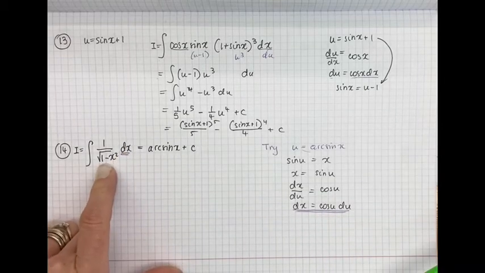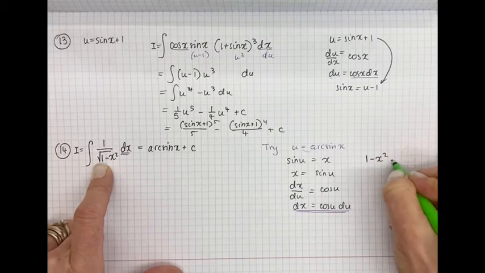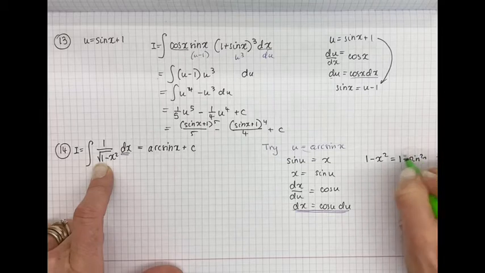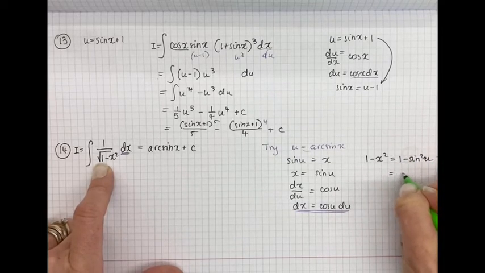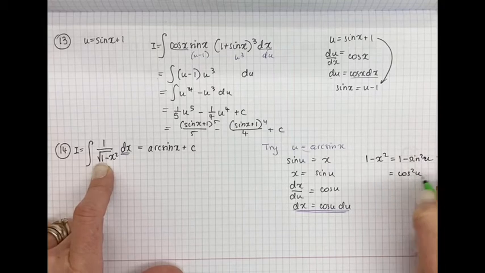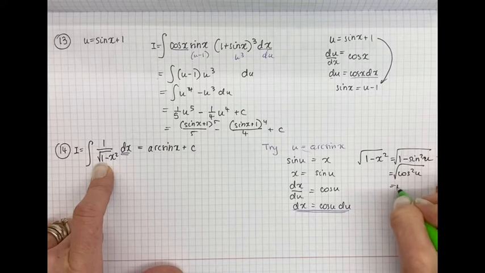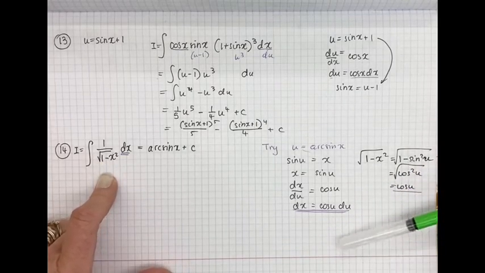Now I need to find the replacement for the square root of 1 minus x squared. So 1 minus x squared can be written as 1 minus sine squared u, and that is cos squared u. So the square root of that must be cos u. So I have got the replacement for the square root of 1 minus x squared.